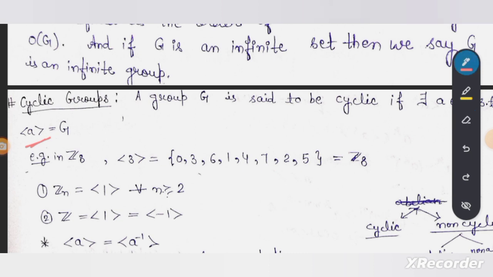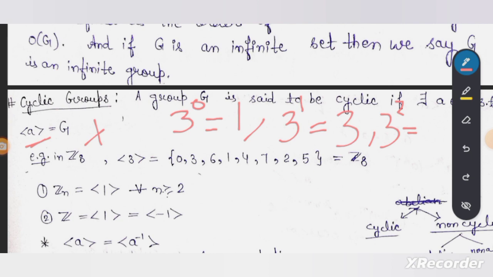For example, 3 to the power 0 is 1. 3 to the power 1 is 3. For 3 to the power 2, in Z8 we have the binary operation addition modulo 8.